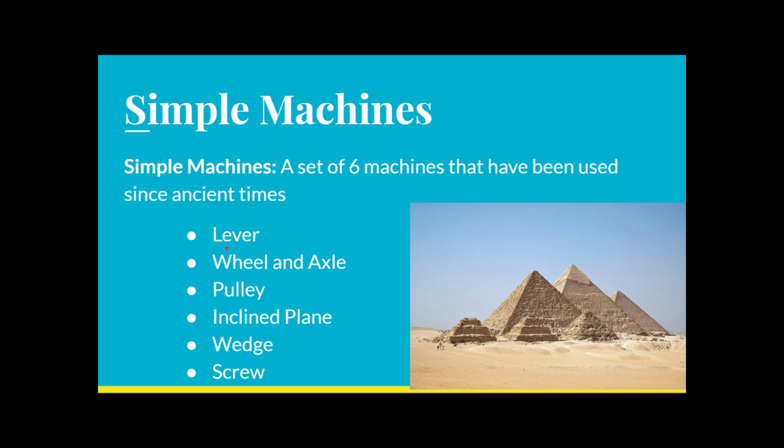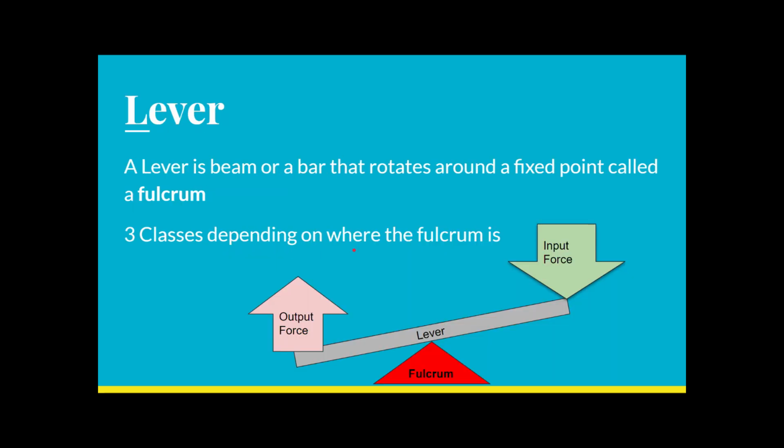So let's go ahead and start with the lever. A lever is a beam or a bar that rotates around a fixed point, and that fixed point is called a fulcrum. So here's one example. On this lever, we can see that there is a bar in the middle.